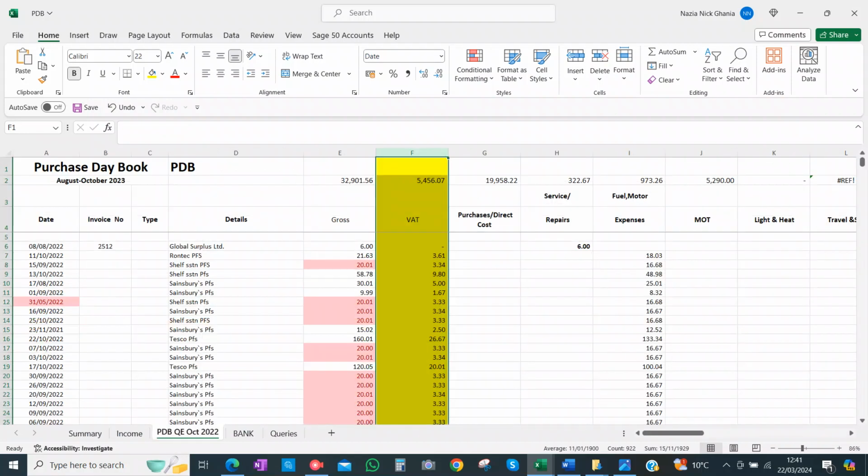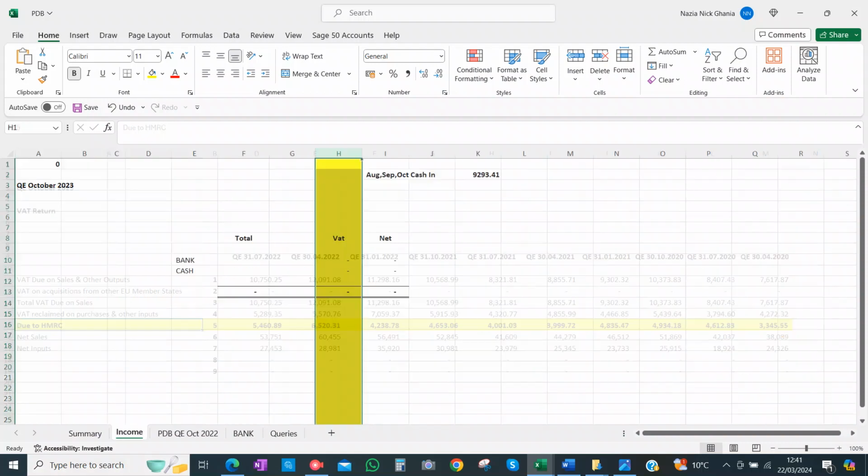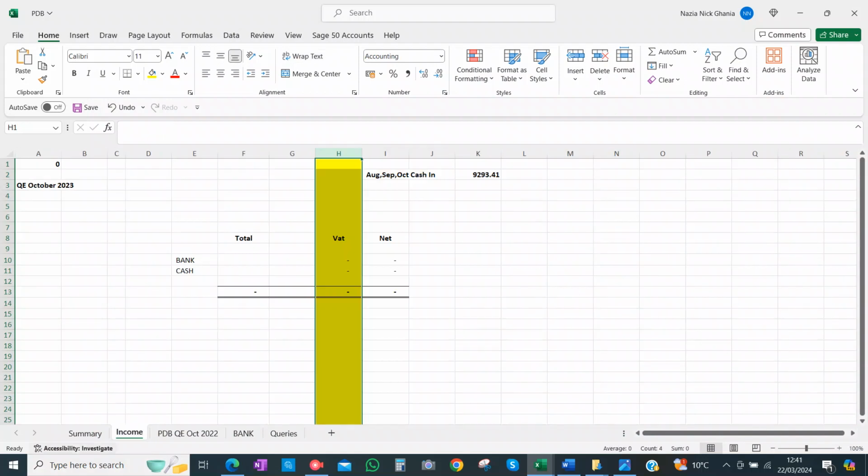So in July, this total will go on the VAT return report. This total will appear in purchases, the sale total will appear here, and any difference will be due to HMRC or receivable from HMRC.